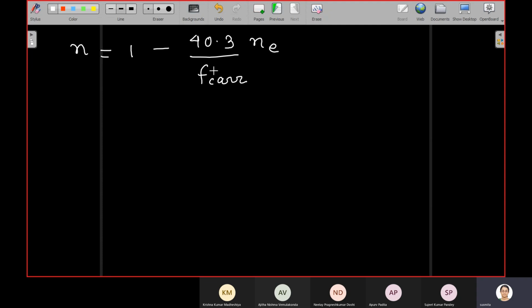So F is the carrier frequency and Ne here is actually electron density. So N is the refractive index, Ne is the electron density at some point. So if you take this at some distance L, then this will be the corresponding electron density at some distance L. Okay. Now what is the travel time of the carrier through the ionosphere?